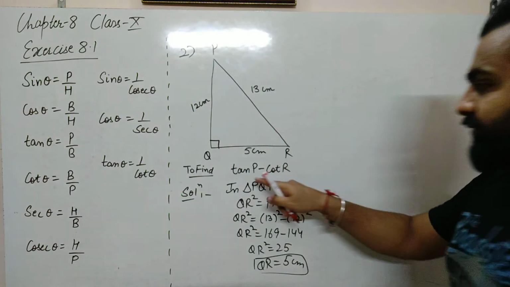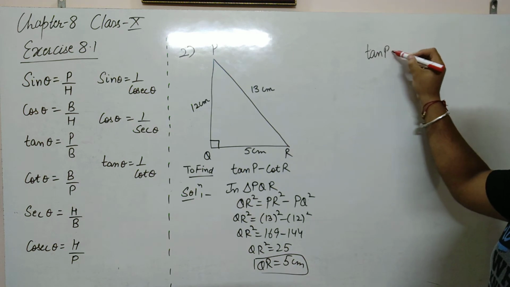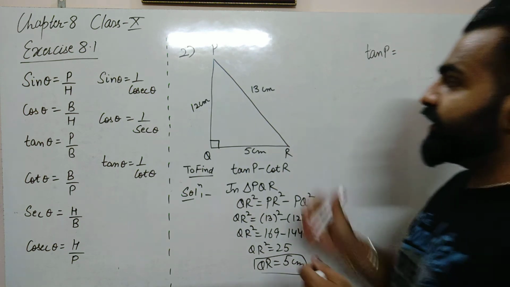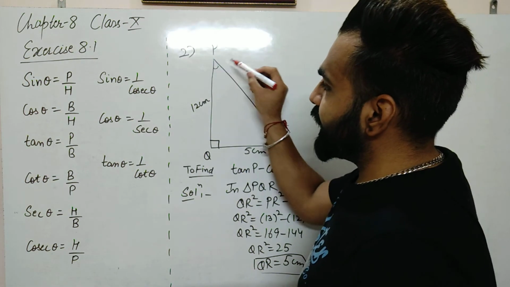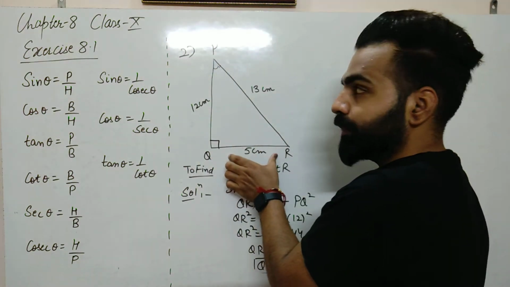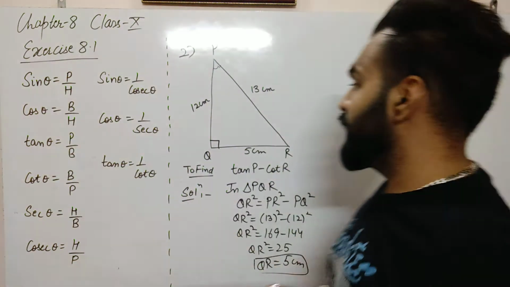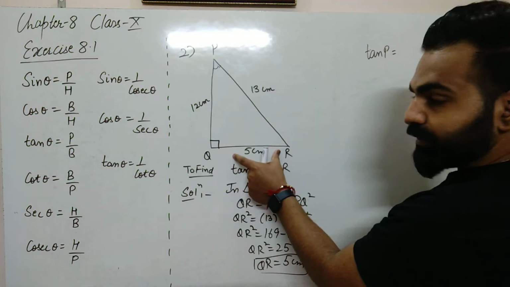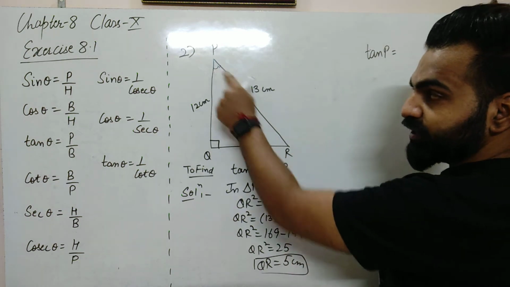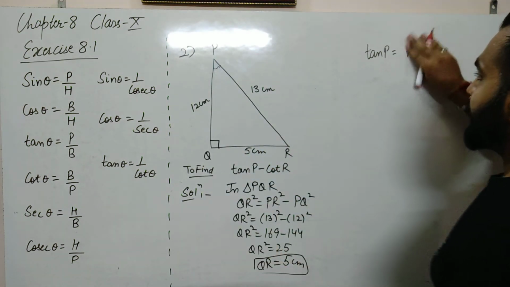First of all, we will find the value of tan P. Now if we are talking about angle P here, this will be our base and this will be the perpendicular. And what is tan? Tan is P by B. So this is the perpendicular, the side opposite to angle P, P by B, that is 5 by 12.